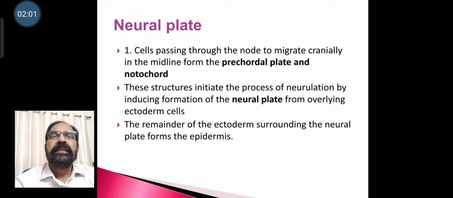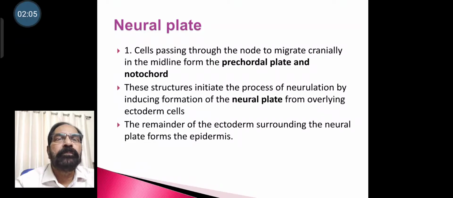Neural plate. Cells passing through the node to migrate cranially in the midline form the precordal plate and the notochord. These structures initiate the process of neurulation by inducing formation of the neural plate from overlying ectoderm cells. The remainder of the ectoderm surrounding the neural plate forms the epidermis.